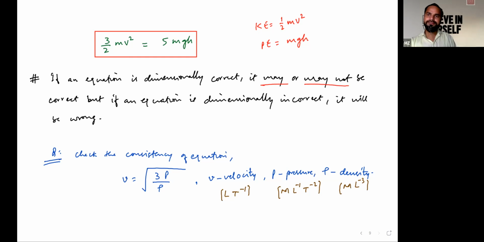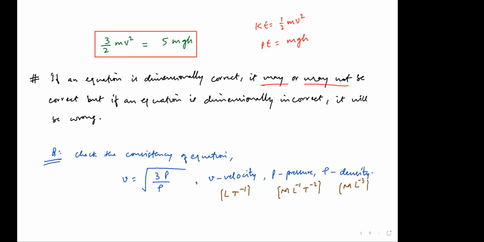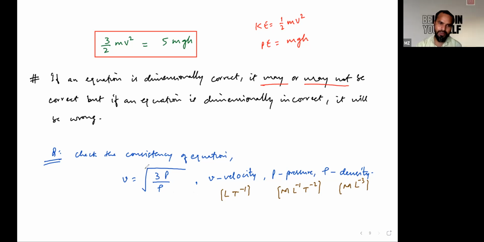Whether they are equal or not. Sir, wait, I'm trying. Here we have square root. Square root in terms of exponent can be written as power half.